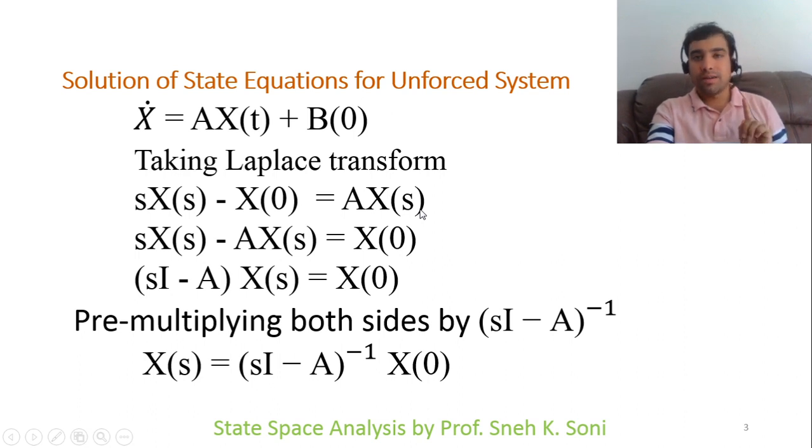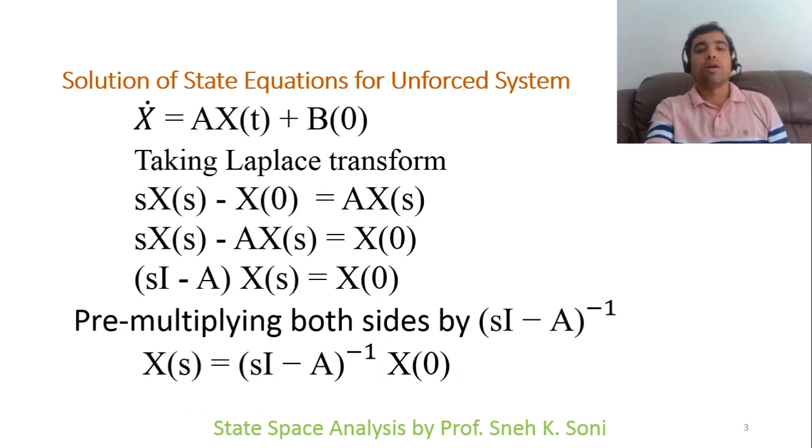One thing we have to understand here is that we are not neglecting the initial condition, and because of that I have written this x(0). When we neglect the initial condition, we take the Laplace of x dot as sX(s), but here I am writing sX(s) minus x(0) because we are also including the initial condition.